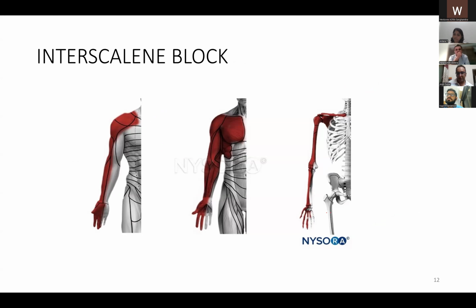But when you have a surgery below the elbow, I would prefer an infraclavicular or an axillary approach to any supraclavicular approach because you would get the same action with a lesser incidence of complications. So the preference for pediatric blocks is always infraclavicular for surgeries which are distal to the elbow. But any surgery in the proximal humerus and shoulder surgeries, we will of course use interscalene blocks. So that is a small correction there.